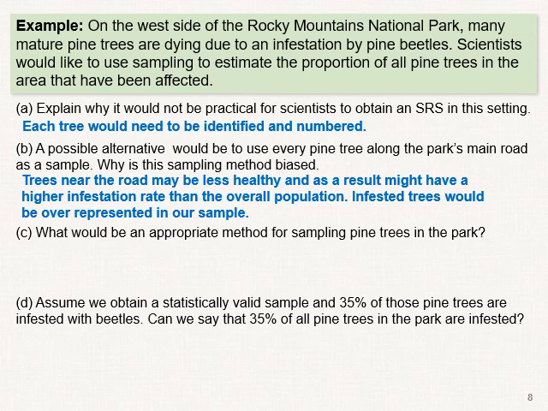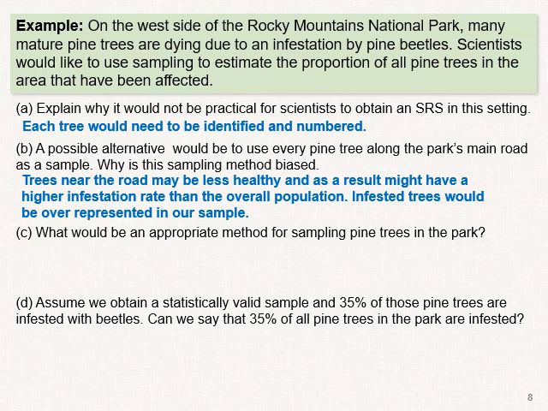And since they're not as healthy, maybe it's easier for the pine beetles to attack them, right? So what would happen if we use them as a sample? We might think, oh my gosh, the proportion of trees that are infected is much larger than it really is, and we might throw resources at this problem, which might not actually exist.